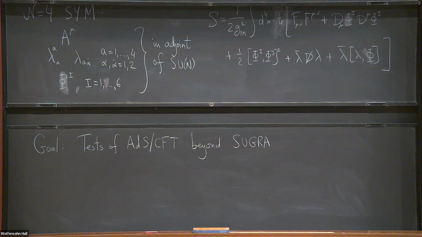In order to not confuse the notation, I reserve capital X for the embedding coordinates of AdS, and I'll call the scalar in N=4 super Yang-Mills phi. There are 6 scalars, all transforming in the adjoint of the SU(N) gauge group. The action starts with the usual term for the Yang-Mills action, 1 over 2 g_YM squared trace F_mu nu F^mu nu, and then there are all the other terms required by supersymmetry, in particular kinetic terms for the scalars and the fermions, as well as interactions.